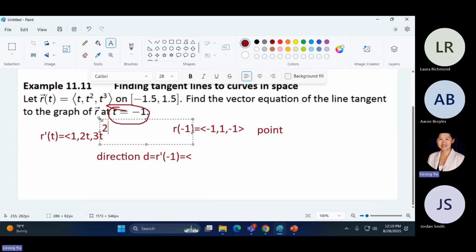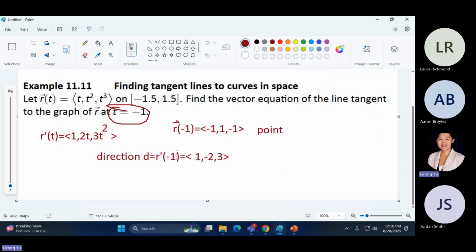So, evaluating the derivative at -1, the vector goes 1, then -2, and 3 times -1 squared is 3. That's the direction vector. All vectors should be labeled as vectors.